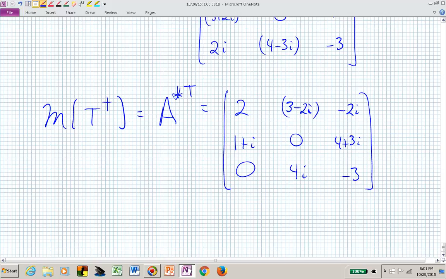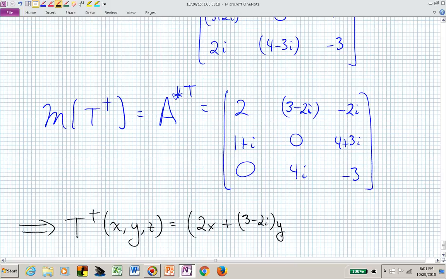Now I'm suggesting that that implies what T dagger is. T dagger operating on x, y, z is just translating this matrix back into the linear operator structure. What scales x in the first coordinate? 2. Then I add to that 3 minus 2i times y minus 2i times z.